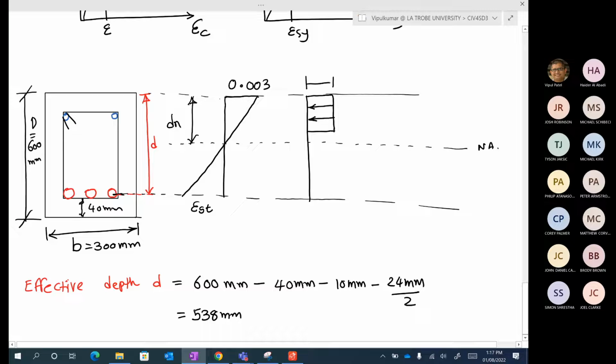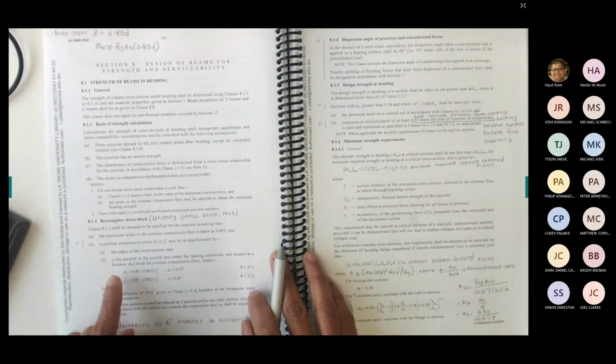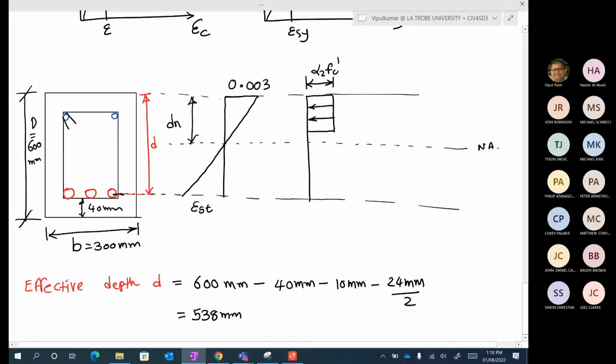We'll get back to that one. The maximum stress you're going to get is alpha 2 fc dash. Alpha 2 has its equations, and fc dash is the concrete compressive strength. And this depth will be given by the factor gamma dn.